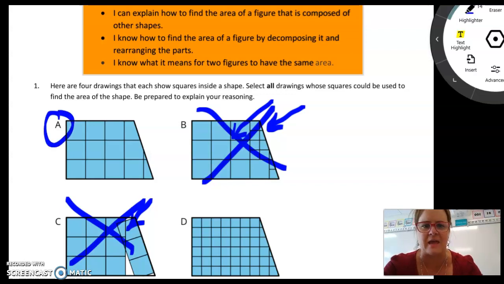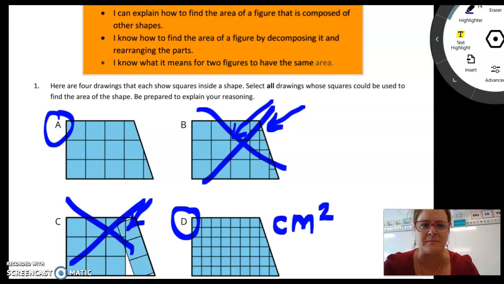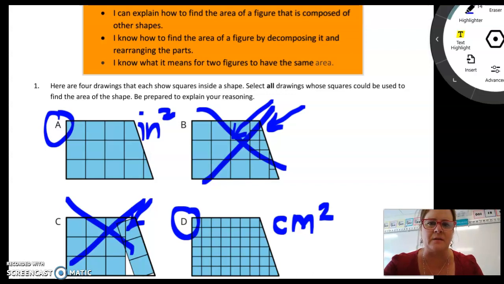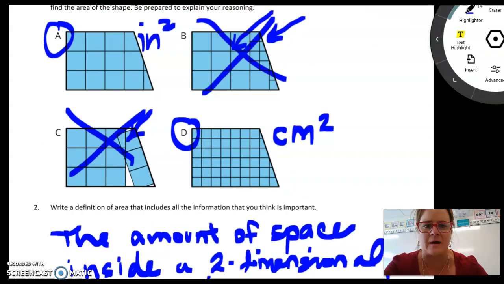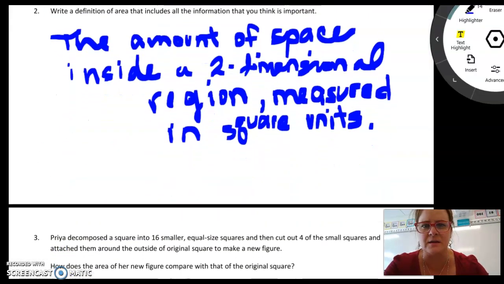So yes to A, and for the same reasons, yes to D. It's a smaller unit, so maybe these might be measured in centimeters squared, where these might be measured in inches squared, a different measurement, but it doesn't matter. So that would be a yes as well.